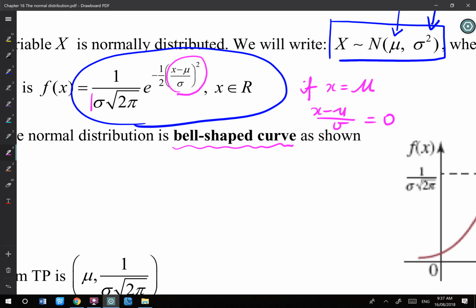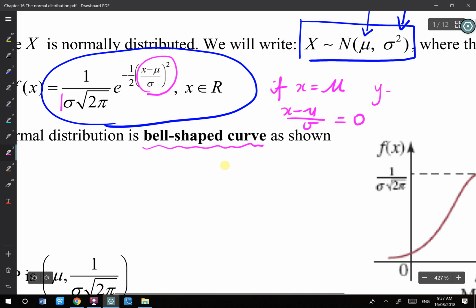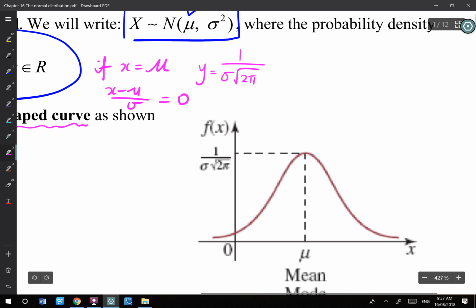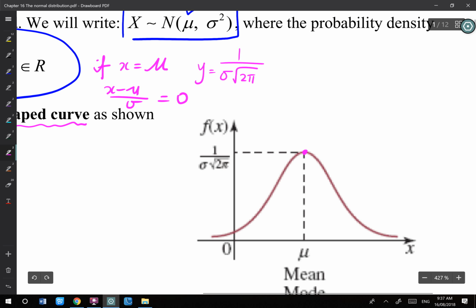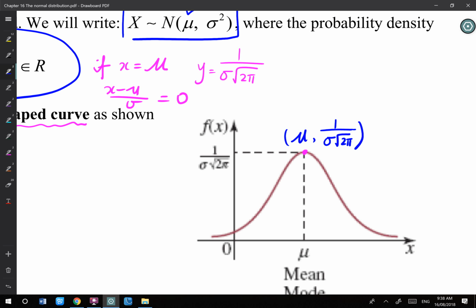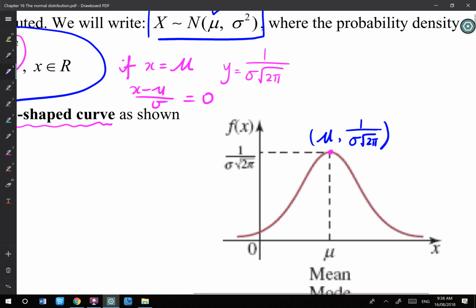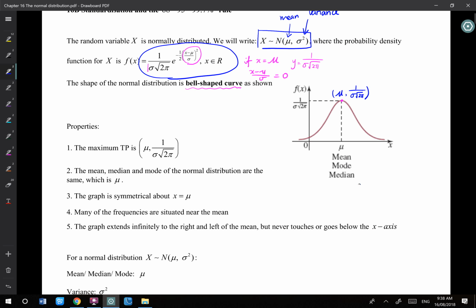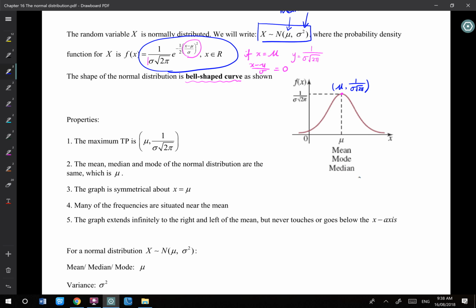So when x equals mu, y equals 1 over sigma times square root 2 pi. Therefore, the coordinates of that point are mu, 1 over sigma square root 2 pi. The x value is mu, the y value is 1 over sigma times square root 2 pi. That's the first thing we can see from the bell-shaped curve.